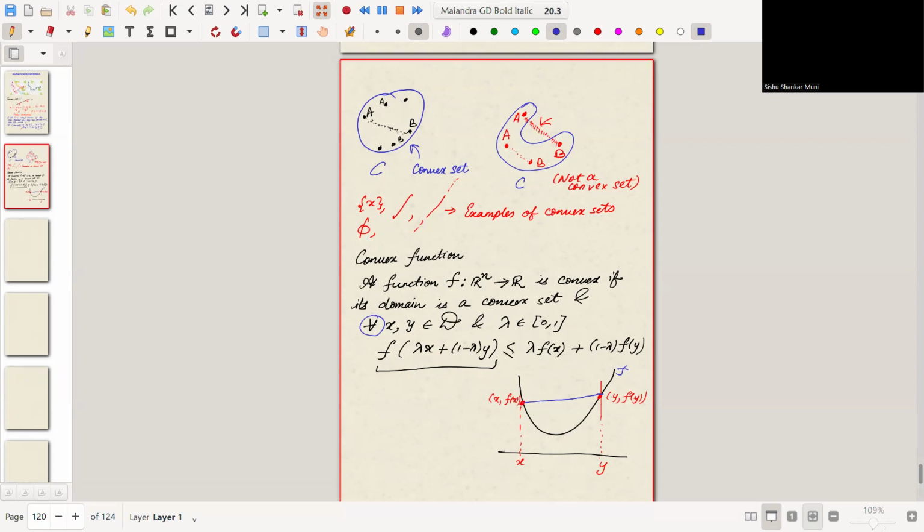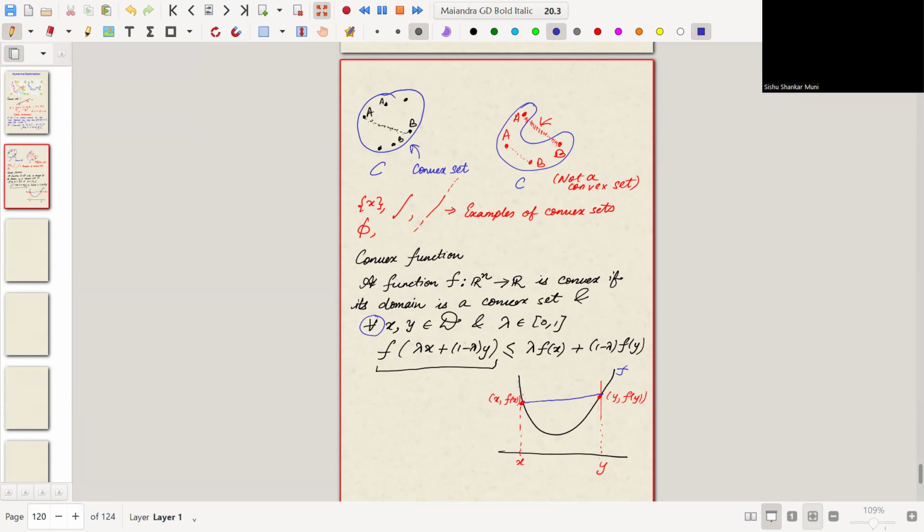What it means geometrically: the line segment connecting (x, f(x)), which is this point, and (y, f(y)) must sit above the graph of f. This line segment is sitting above this graph, isn't it? Between these two points, forget about the rest of the line; we are only interested in between these two points. Is it true that this line is lying above the black curve? Yes. If so, then f is a convex function.